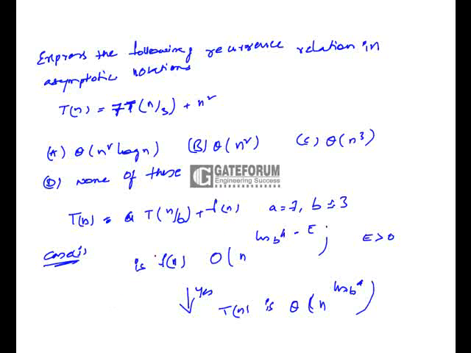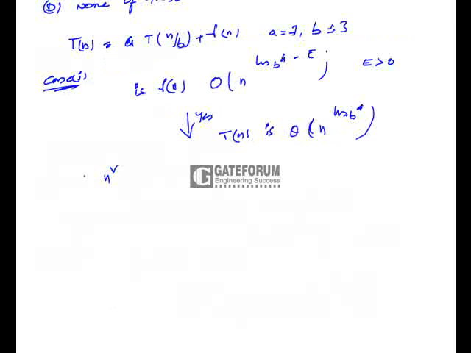Here f of n is n square. Is n square order of n power log a to the base b minus epsilon, where a is 7 and base b is 3? Epsilon should be greater than 0. We can take 0.1, 0.2, something like that, but it should be greater than 0.